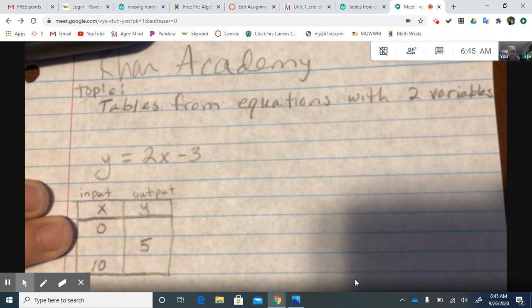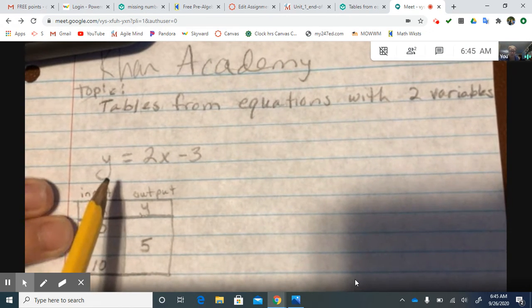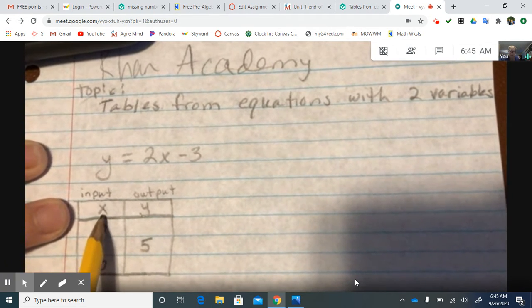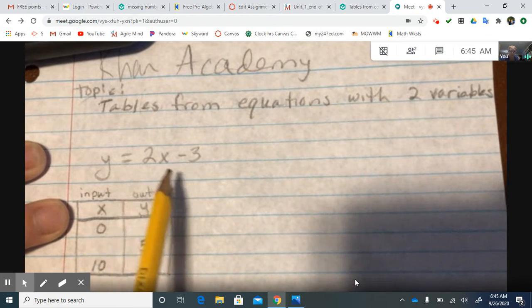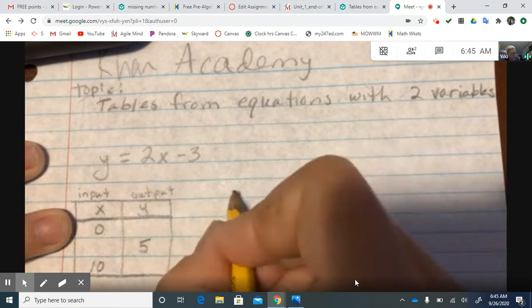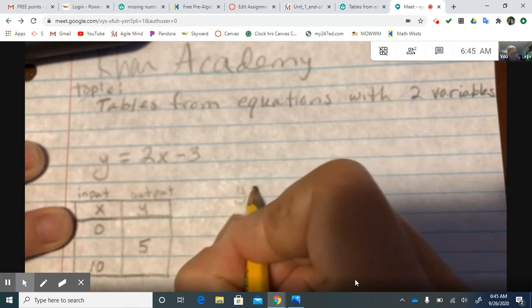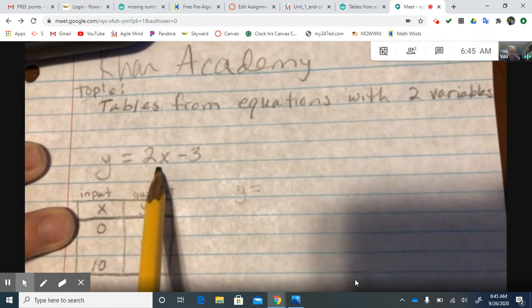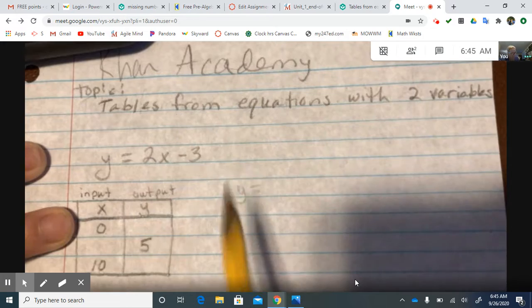The way that we do that is when you have an equation, we take our input X. If X is 0, that means I need to put 0 up in this equation where X is. So I'm going to rewrite this, Y equals, and remember when 2 is sitting right next to X, that means multiply.